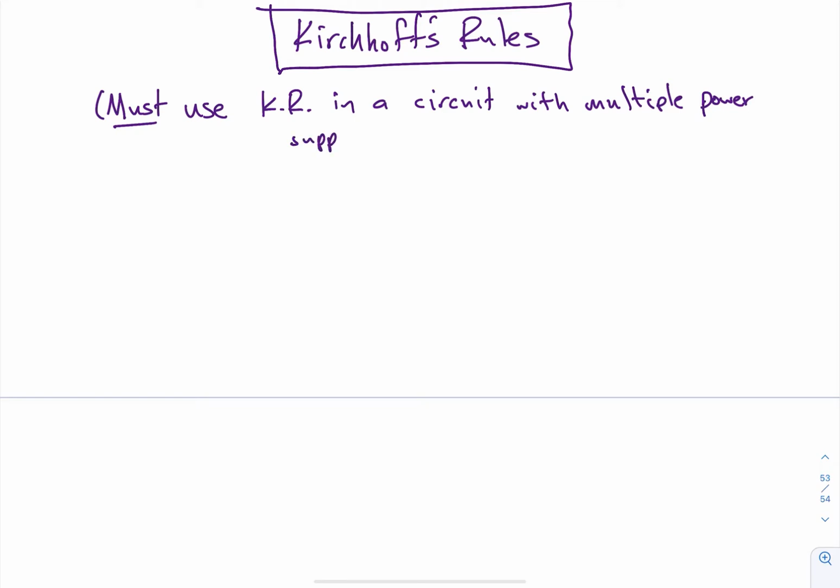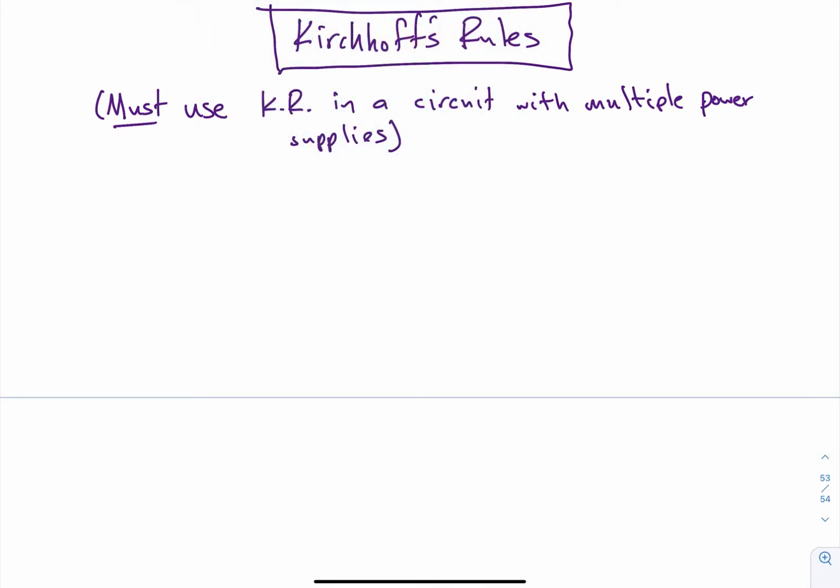You can use Kirchhoff's rules for any circuit, but this condition must be true, or you must use Kirchhoff's rules if this condition is true.